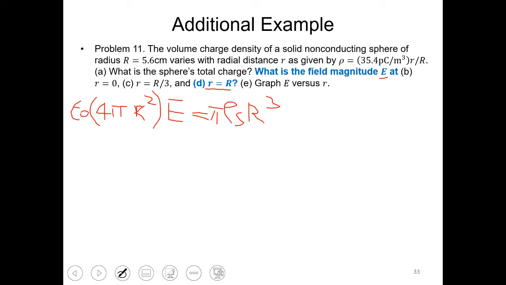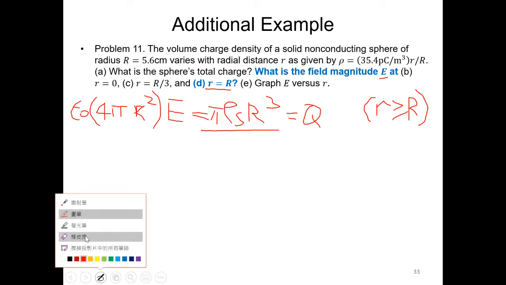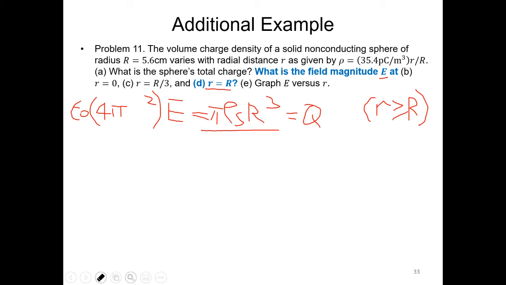This is the total charge for part A, and this is the Q enclosed for a Gaussian surface which has a radius r at least capital R. Or maybe we can just write small r here, so for all r larger than or equal to capital R, it would be correct.